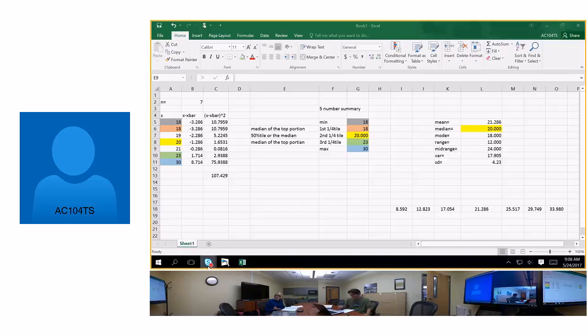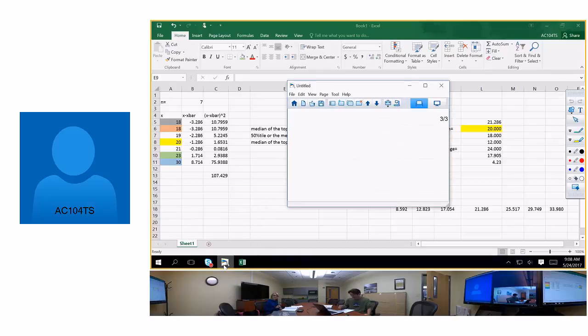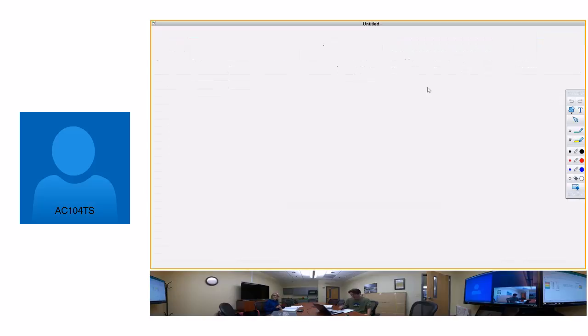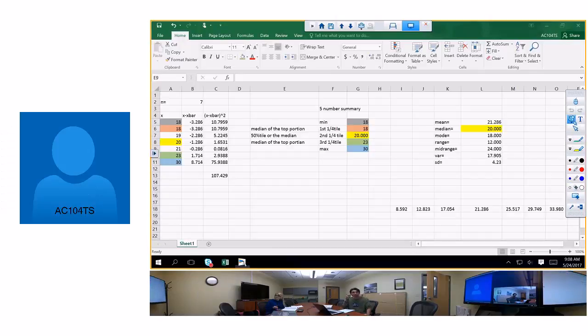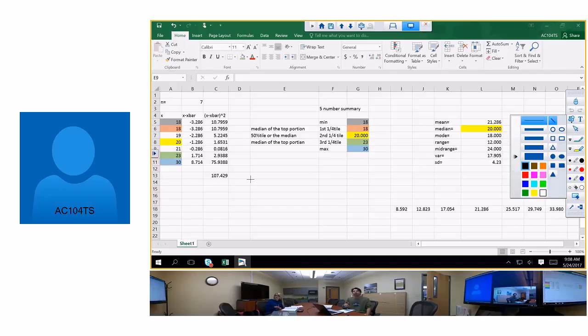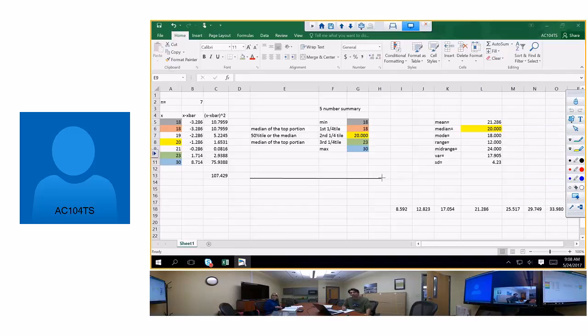Okay, let me go to my handy dandy whiteboard and transparency. And I'm going to draw a number line. We're going to go back to the 2nd grade now. And we're going to put the min at the left of it.